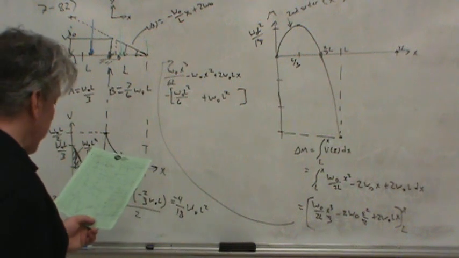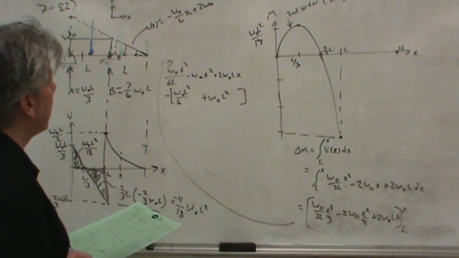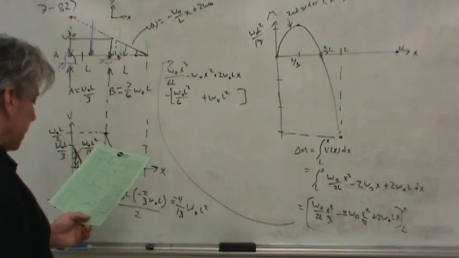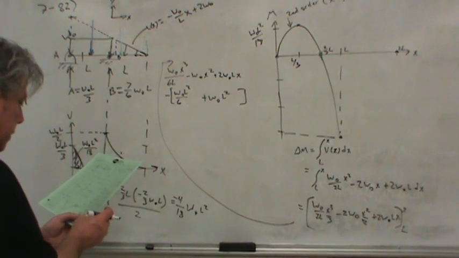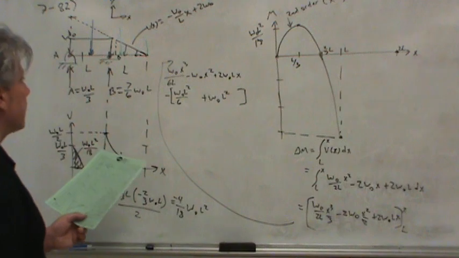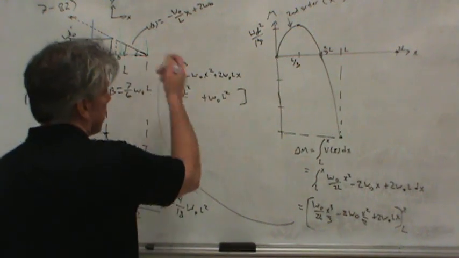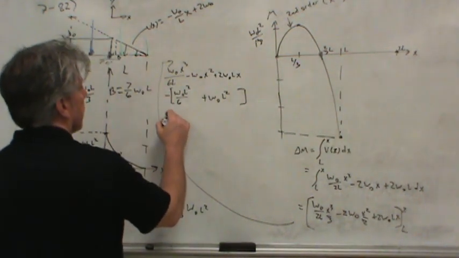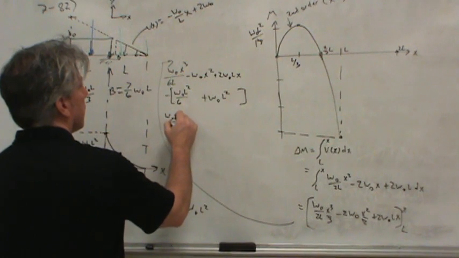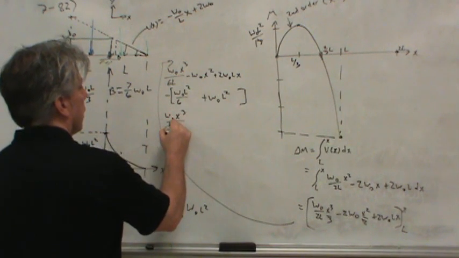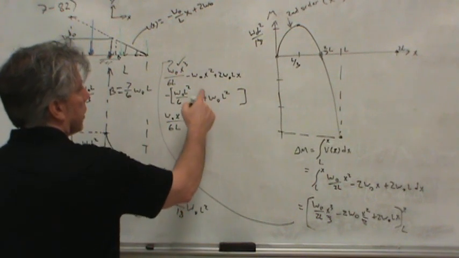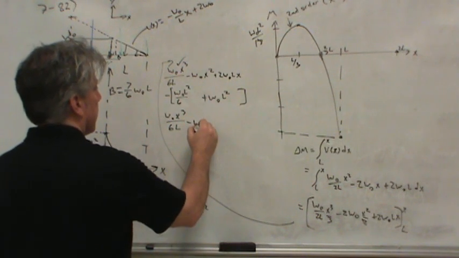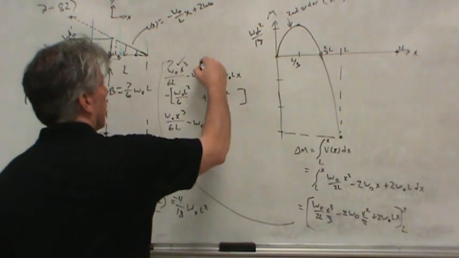So let me simplify it just a bit further. Let's see, we've got an x cubed term. Actually, I may not be able to simplify it further. Let me look at it. Yeah, we can get that negative sign in there. So W naught x cubed over 6L, that takes care of the cube term. There's a square term, minus W naught x squared.